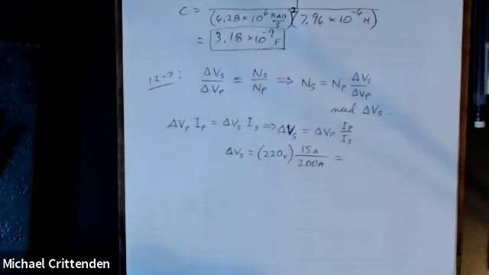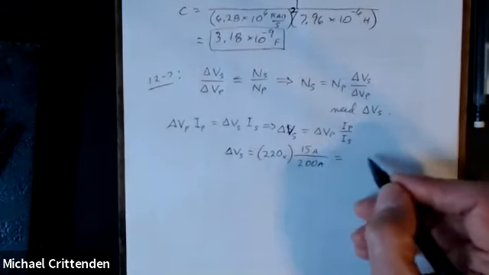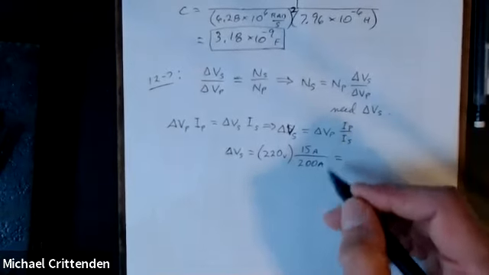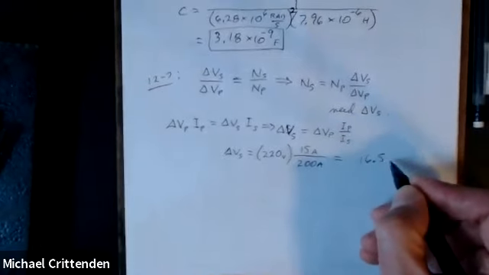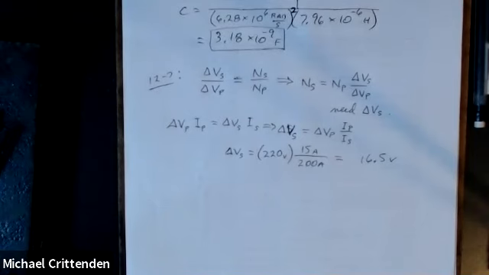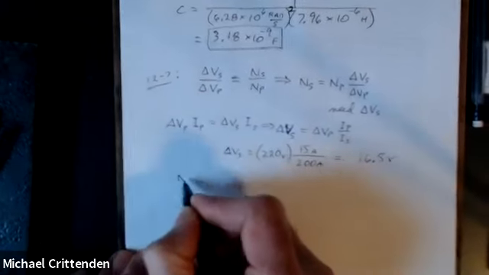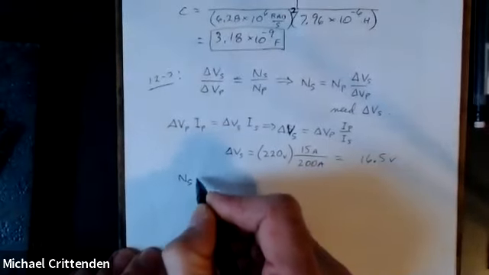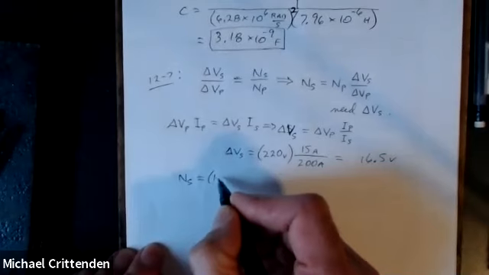And if you're getting the opposite kind of thing for the answer here, that means you've switched some of your numbers. Go and fix it. So, 16.5 volts, which might be a little on the low side to weld with, but you've got to have enough voltage to strike an arc with. But you don't want too much higher than that, though.